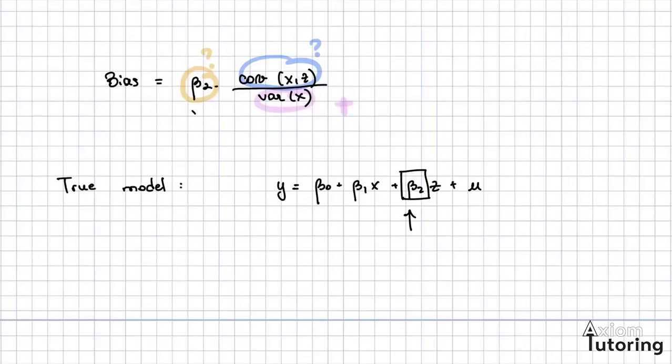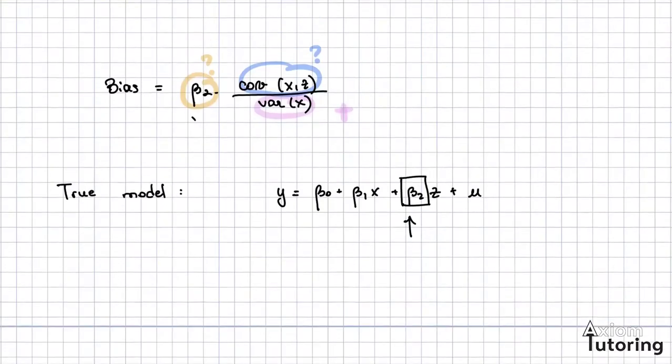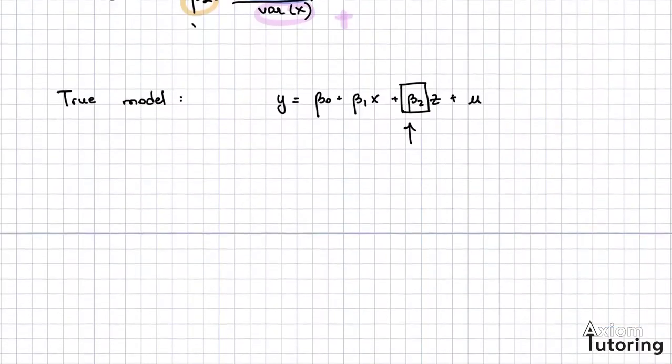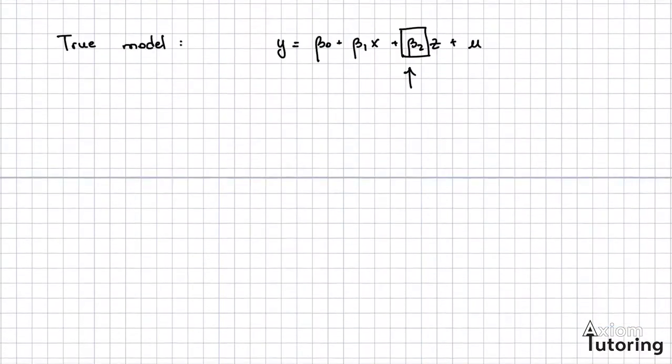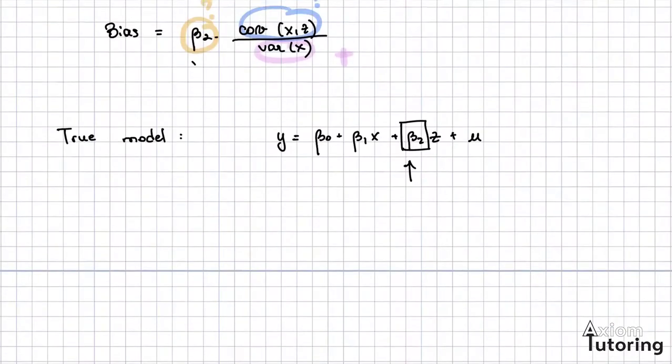Now, overall, knowing that we have these two elements to get the sign of the bias means that we can come up with a small table like this one, where we've got the sign of beta 2 and the sign of the covariance of x and z, which tells us ultimately the sign of the bias.